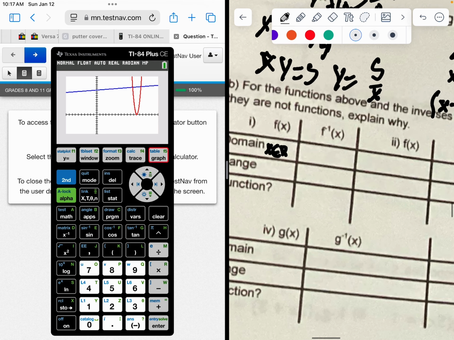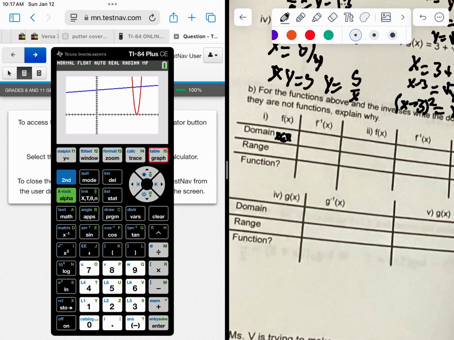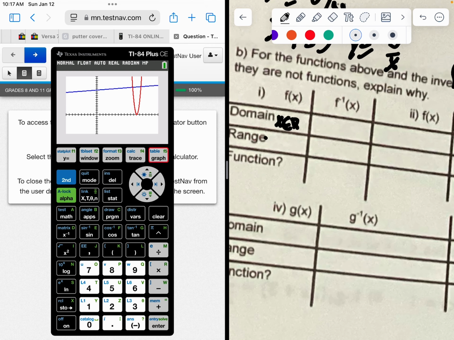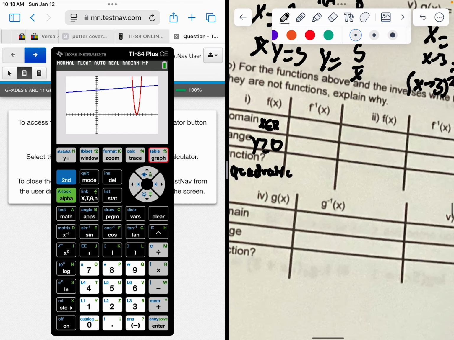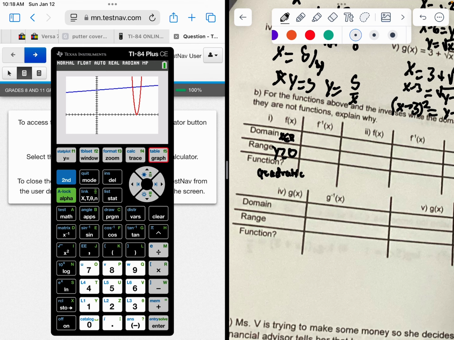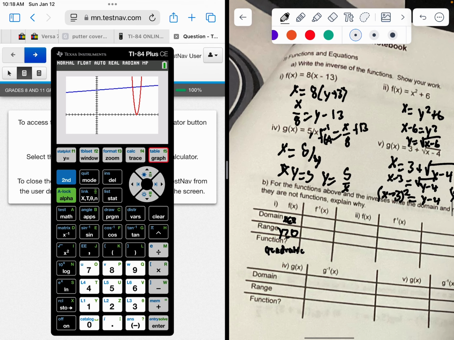So we're gonna say x is equal to all real numbers, range y must be greater than or equal to 0. I don't know why she gave us so little space. Function, it's a quadratic. Oh, wait, no, I typed it in wrong.